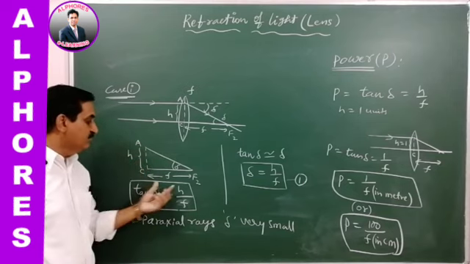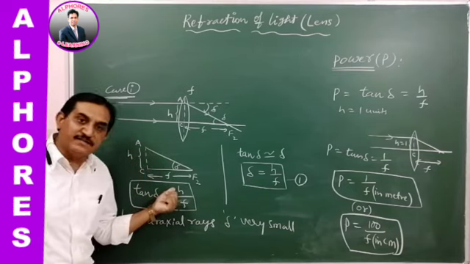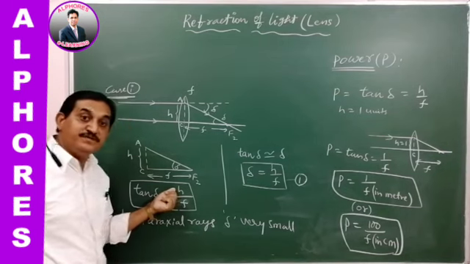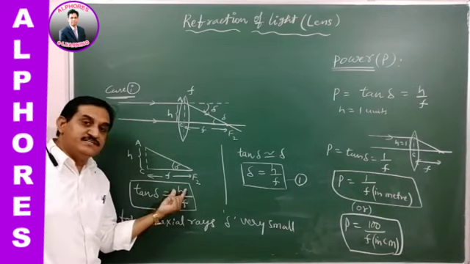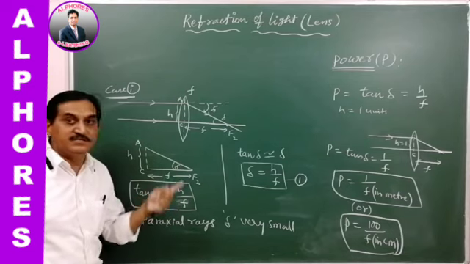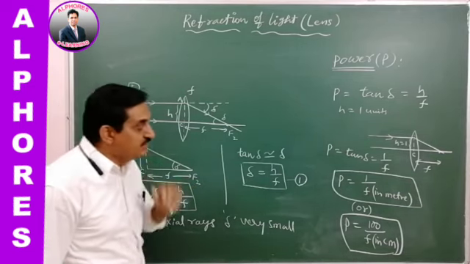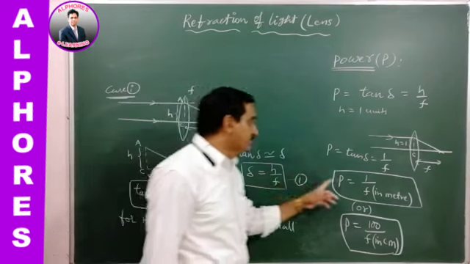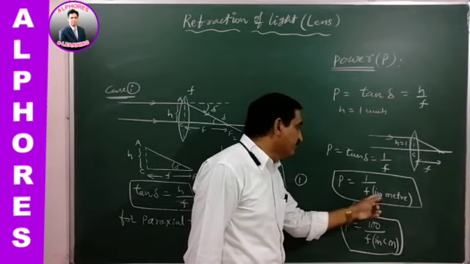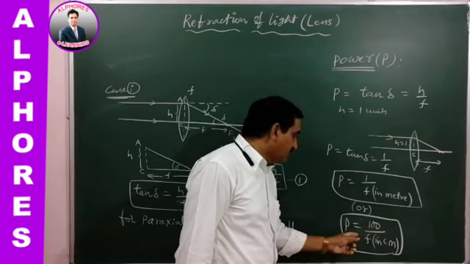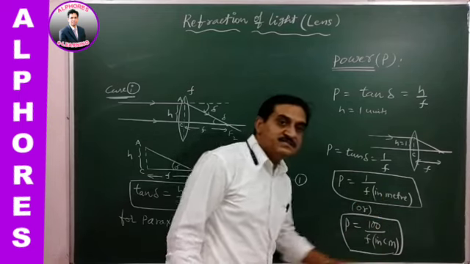That power P is equal to h by f, but we are taking the condition under which we define the power of the lens, that at unit distance the light is striking the lens, so h equal to 1 unit is substituted. Then you get power equal to tan delta, 1 by f, P is equal to 1 by f. So f in meters, or 100 by f in centimeters.